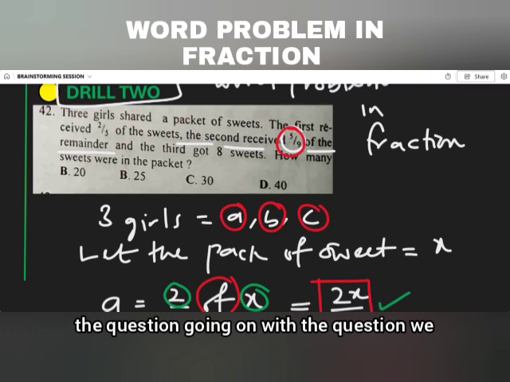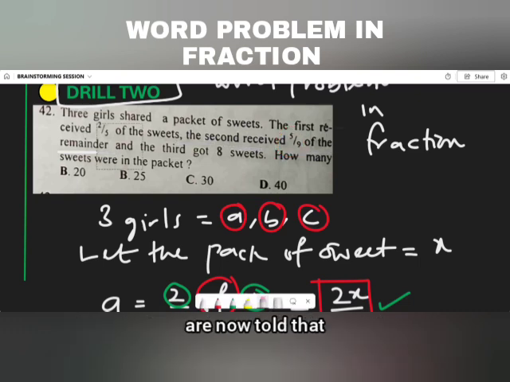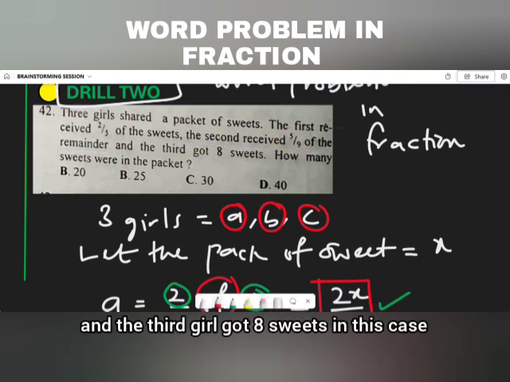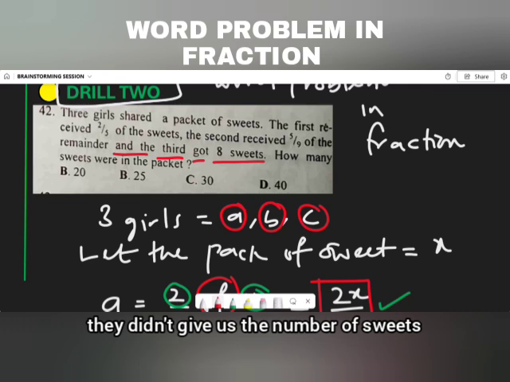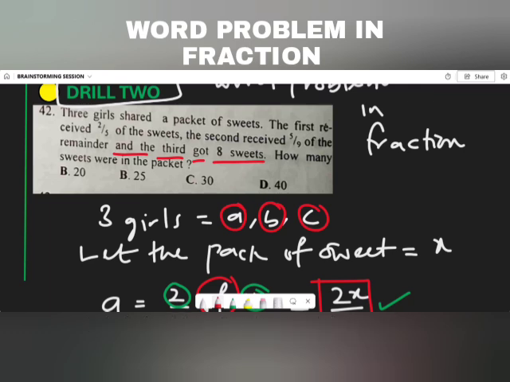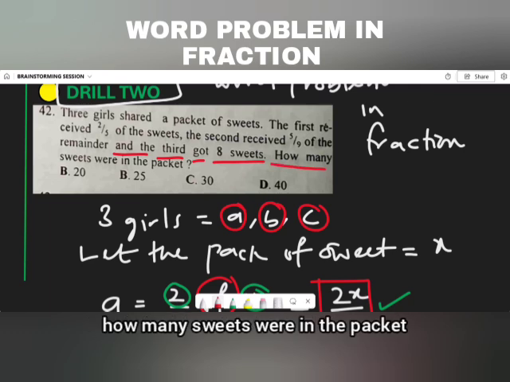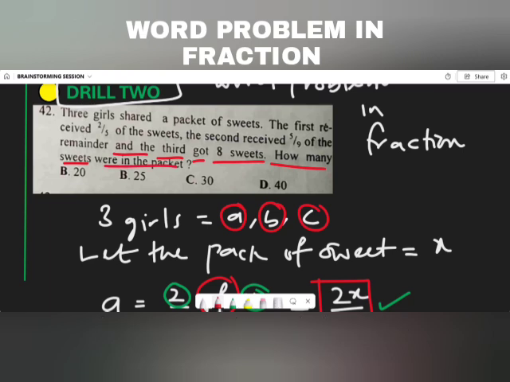Going on with the question, we are now told that the third girl got 8 sweets. In this case, they didn't give us the fraction of sweets received by the third girl. Rather, they gave us the number of sweets she received. Now we have to find how many sweets were in the packet.